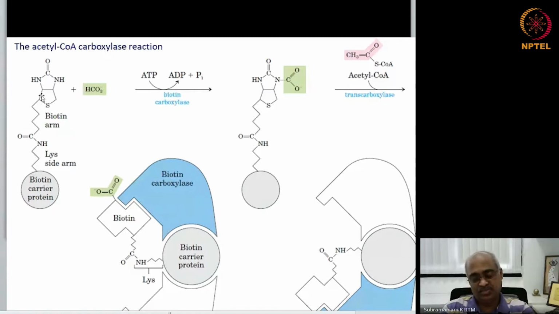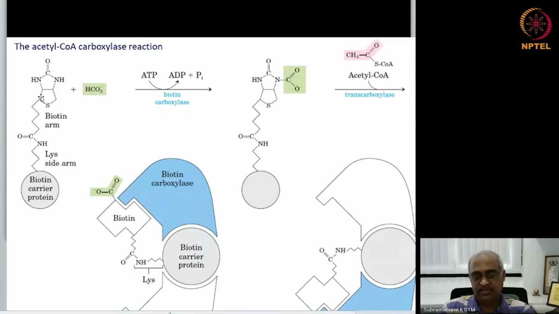That is the example we saw. That is required for gluconeogenesis as well as an anaplerotic reaction, meaning replenishing the intermediates of the TCA cycle. There we went through the mechanism. Just to recapitulate our understanding of the mechanism, we will see that again here in the next slide.